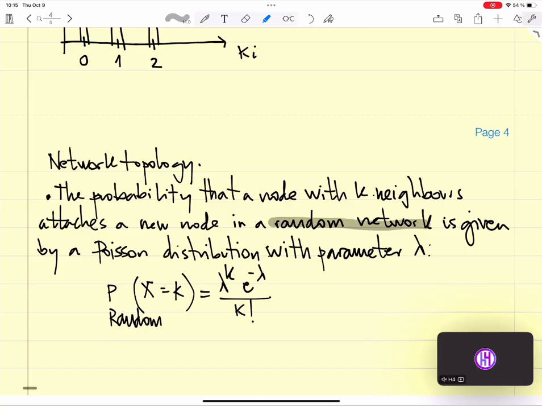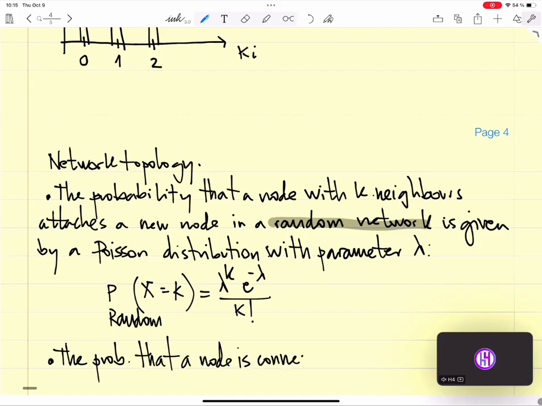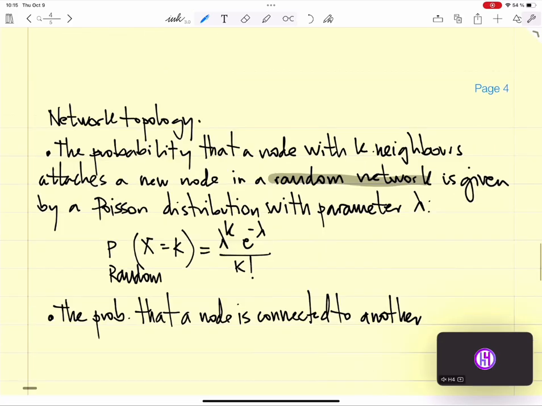And the probability that a node is connected to another with k networks. Imagine you enter a group of people and people are friends to each other.